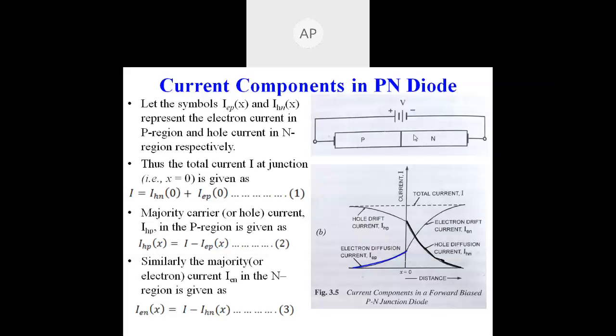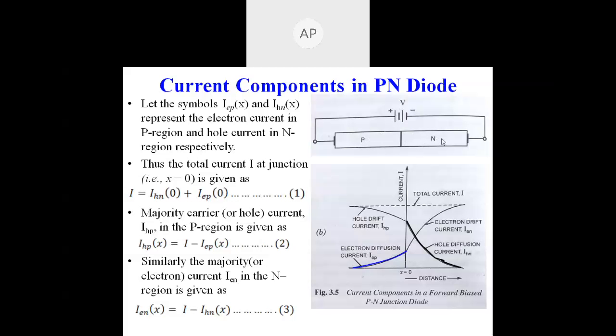Now, the P region also has majority carriers, and the N region also has majority carriers. The majority carriers in the P region are holes, and the minority carriers are the electrons, as we have already discussed. Now we are discussing only the majority carriers.